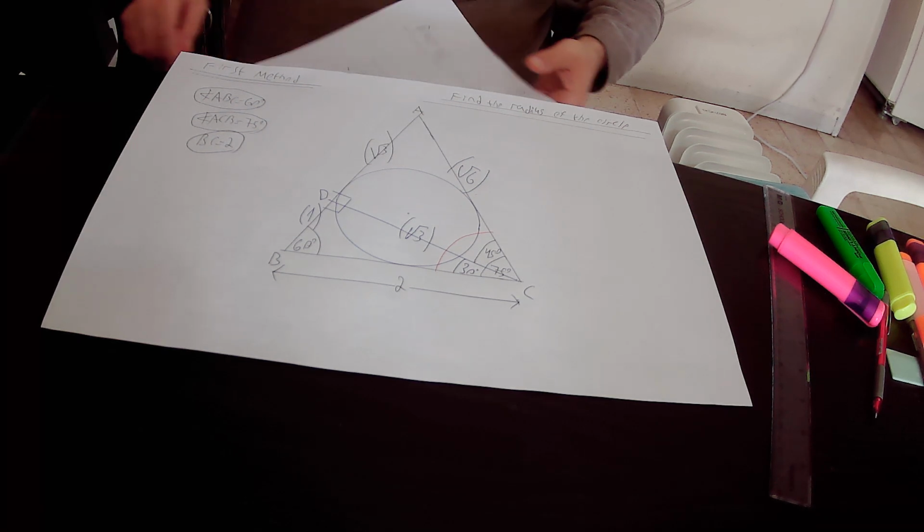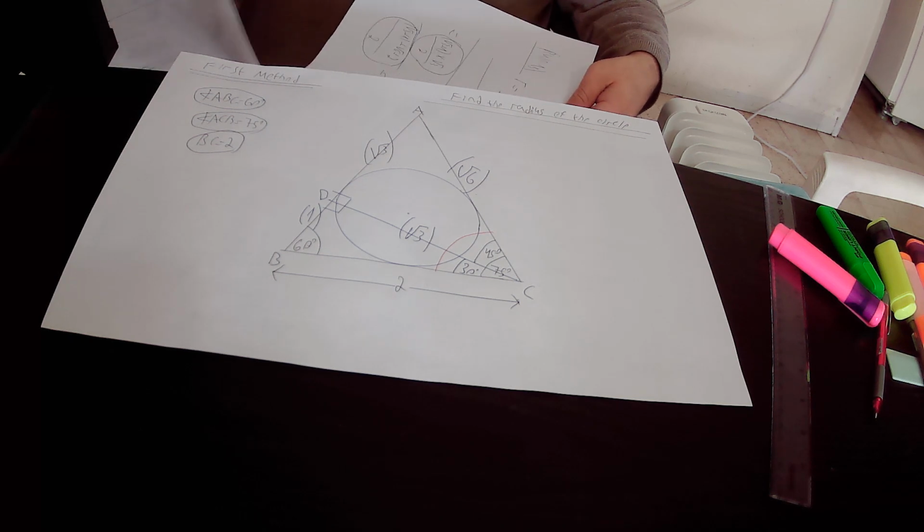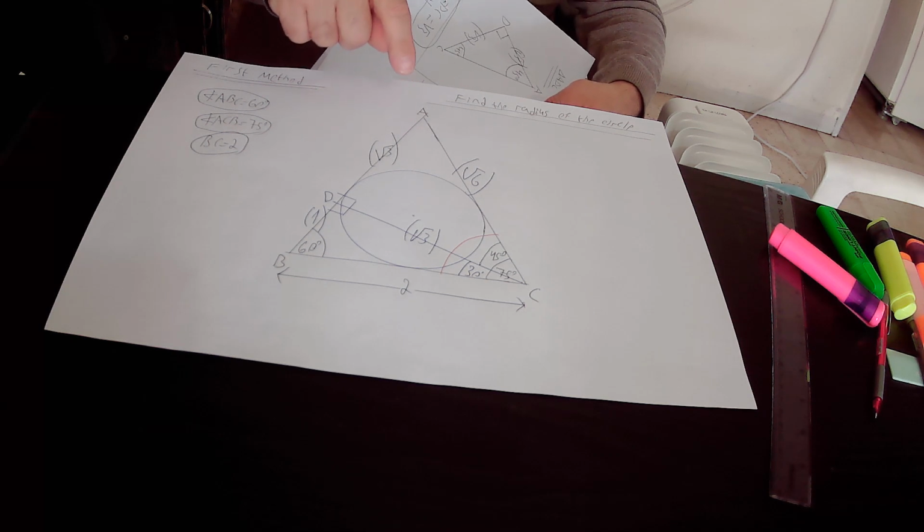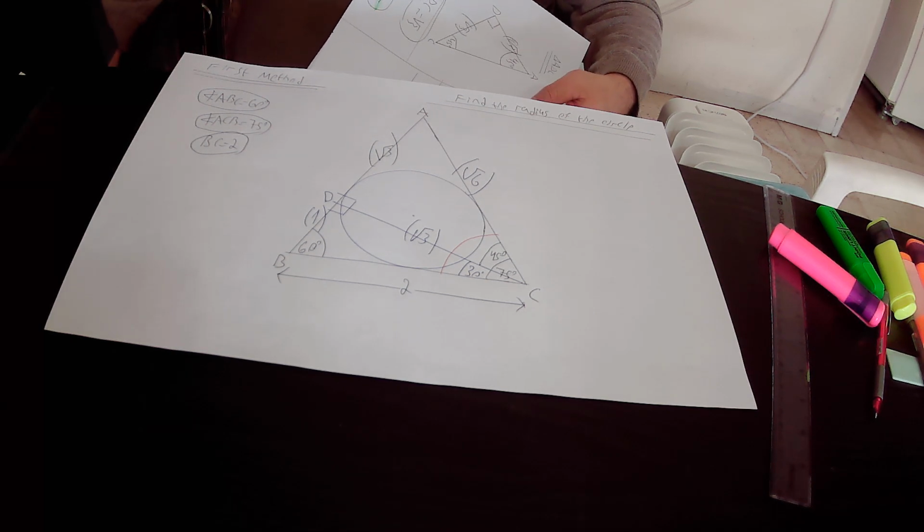We finished with the first method. Then in the next step, I will present how to find the radius of this circle according to the second method.